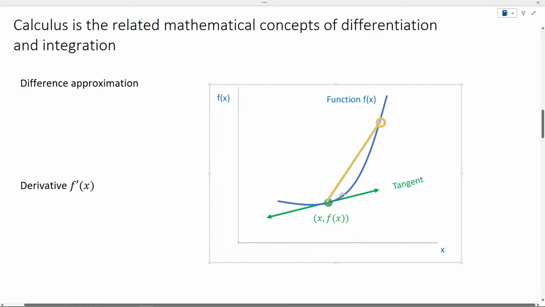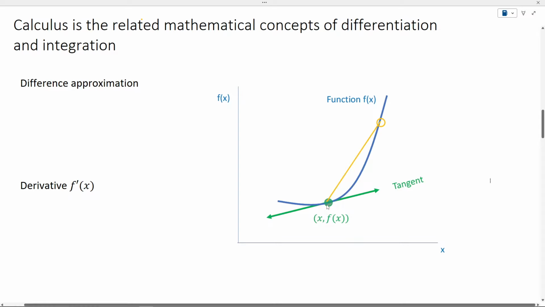Okay, so I will just draw a secant line here. With this secant line, I can find the slope of this secant line, and we know how to find the slope of a line.